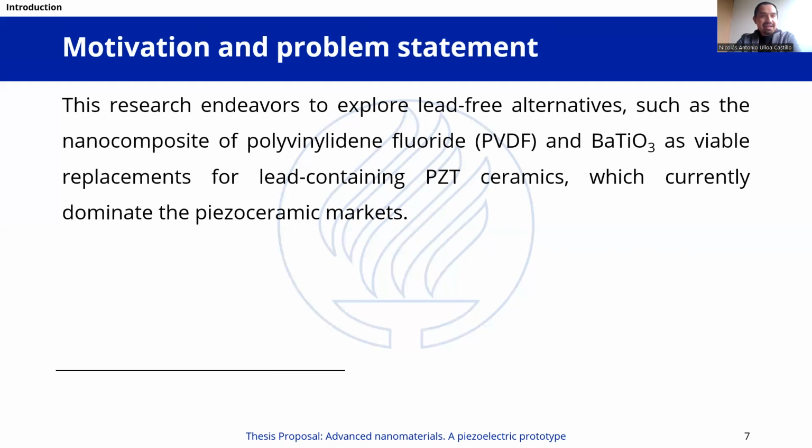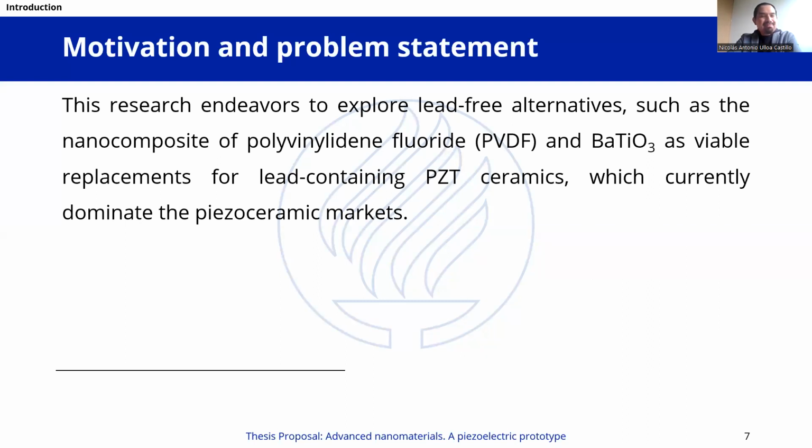As you said, we can highlight in this group the perovskite-based ceramics such as barium titanate. On the other hand, nanocomposites based on PVDF have gained popularity for their enhanced piezoelectric properties, specifically when combined with electroactive nanofillers, for example carbon nanotubes or any other piezoelectric nanoparticles. Also, it is important to note that these materials are suitable for developing flexible electronics.